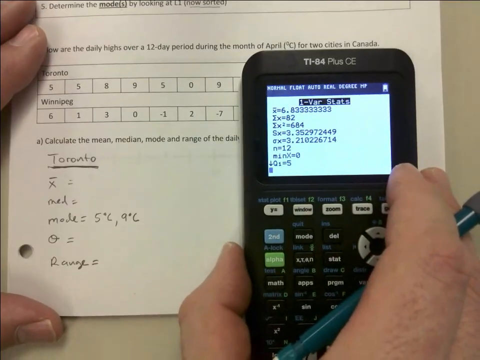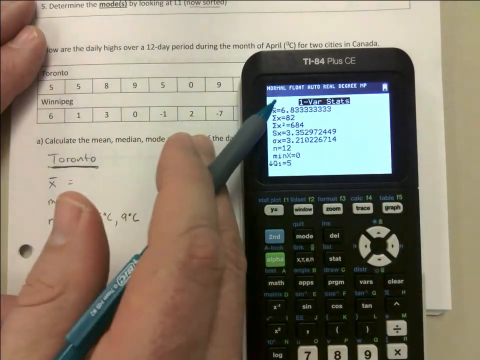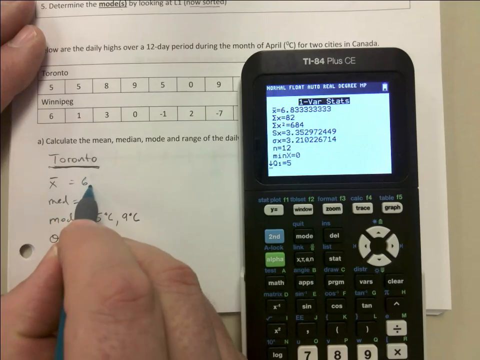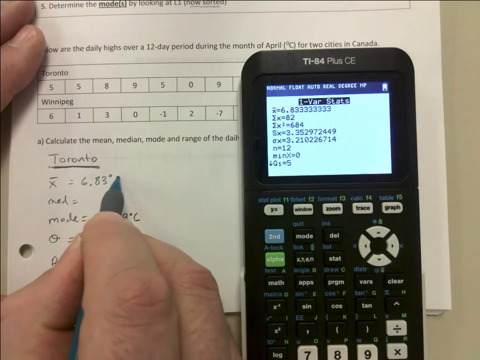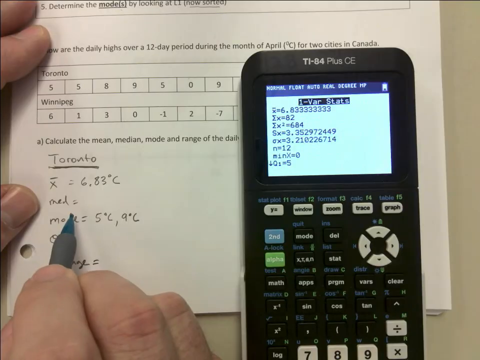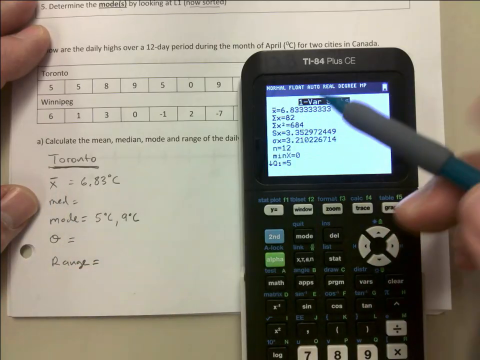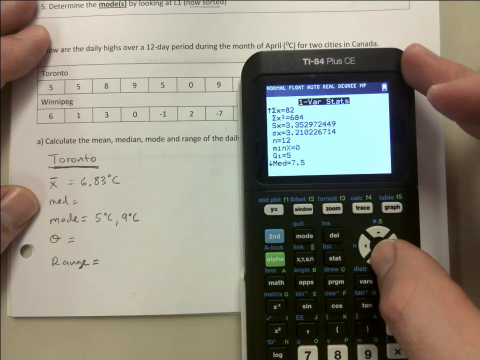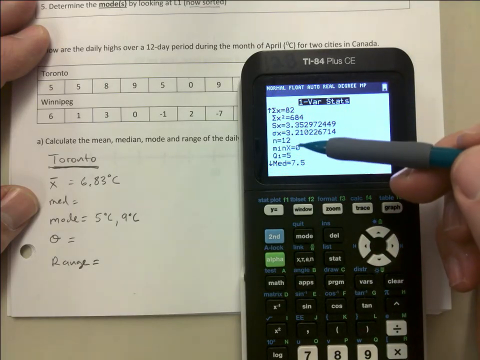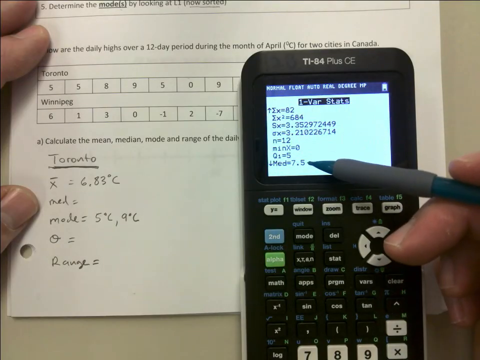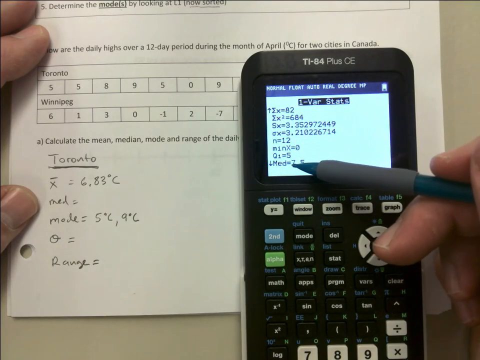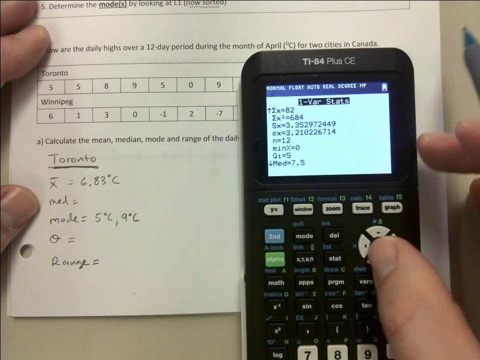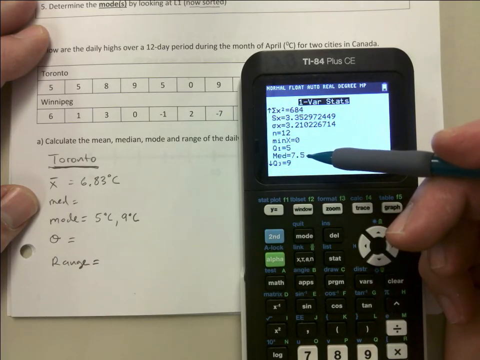So copy everything down. My average is 6.83 degrees Celsius. My median, you have to use your arrows a little bit. So I'm going to go arrow down, and there it shows up for me. It's 7.5 right there. So just keep arrow down until you see median.